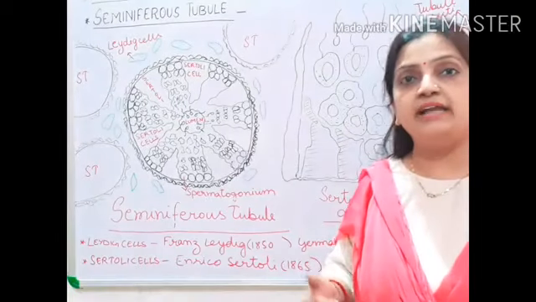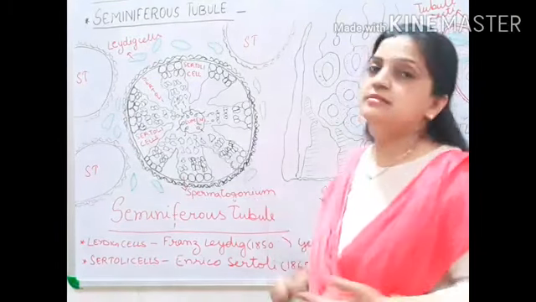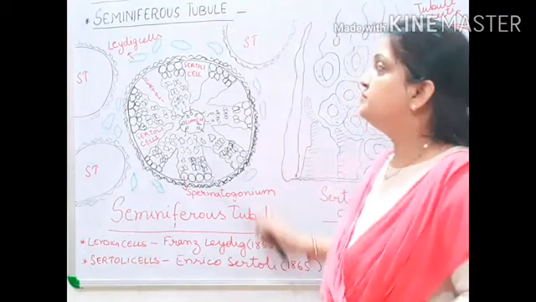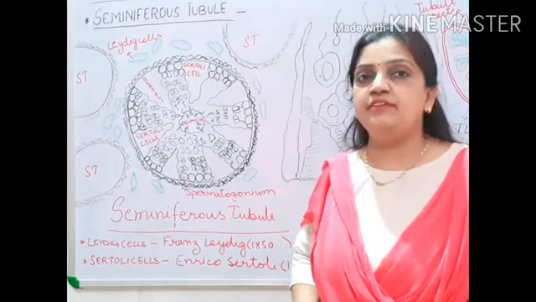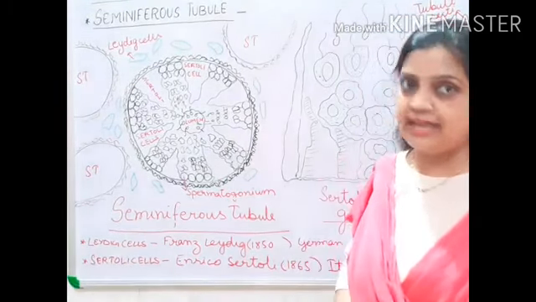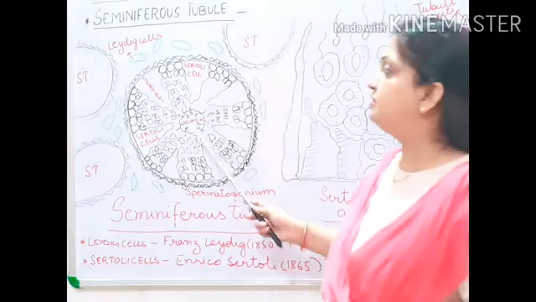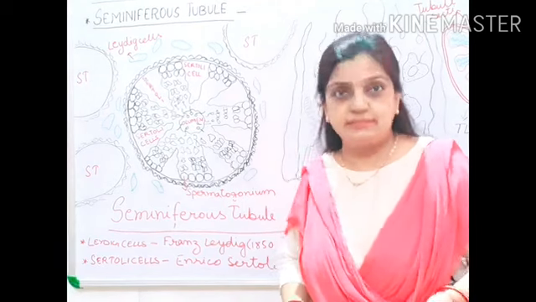Because they are providing nourishment. They are taking care of the developing spermatozoa. So, Sertoli cells are present inside the seminiferous tubule, providing nourishment and taking care of the development of sperms.